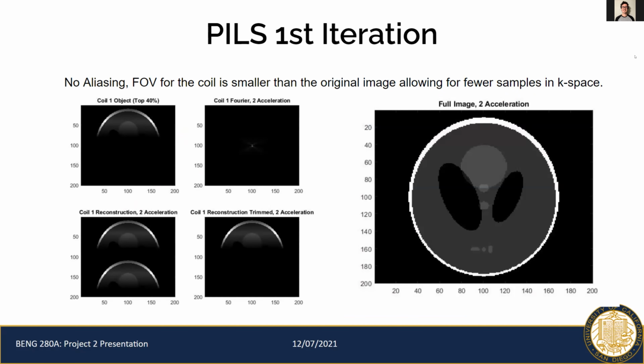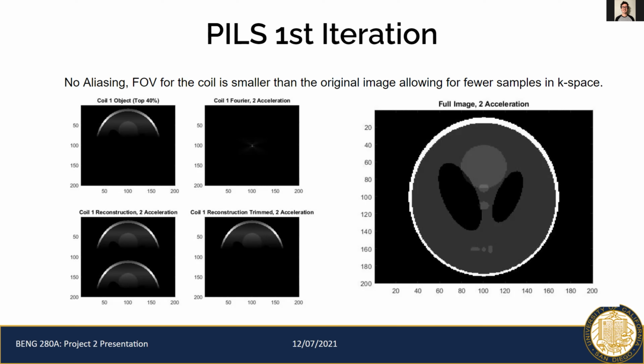Now for one of the coils, you see how the process works there on the left. First, that object there in the top left is what coil 1 is able to see with its sensitivity. The next image, just to the right of it, is the Fourier transform. I apologize, it's supposed to be zoomed in, but was not. And then the bottom left is the reconstruction using the data that coil was able to obtain.